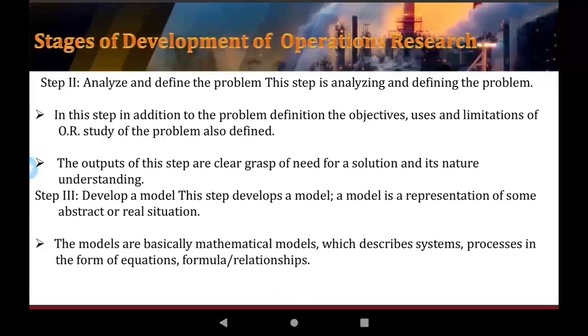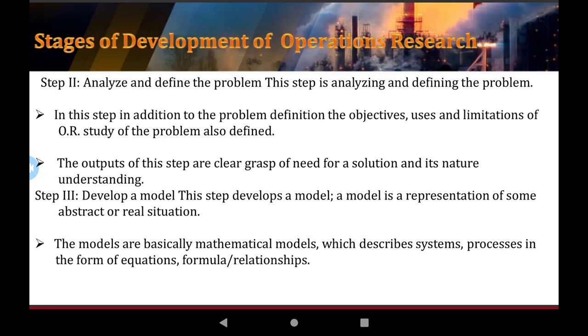The second step in the development of operation research is the analysis of the problems. Analyze and define the problems: what the actual problem is, and that problem will be found.